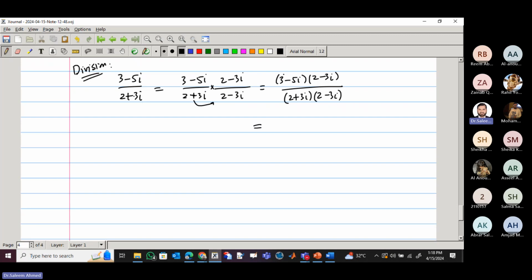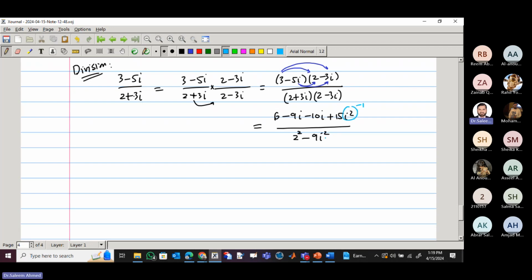So now here I will multiply 3 with 2, 3 with minus 3 iota, then minus 5 iota with 2, and minus 5 iota with minus 3 iota. So 3 2s are 6 and 3 3s are 9, minus 9 iota. 5 2s are 10, minus 10 iota, and minus 5 times minus 3 is plus 15 iota square. In the denominator, it is (a plus b)(a minus b), so it is a square minus b square. Iota square is minus 1.